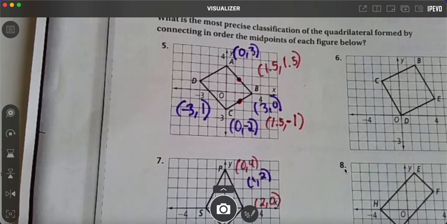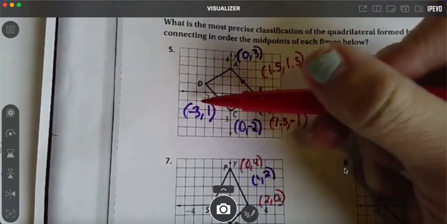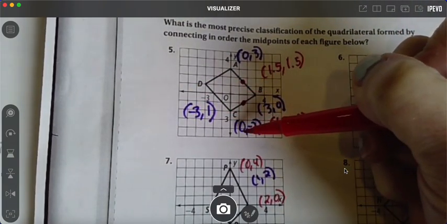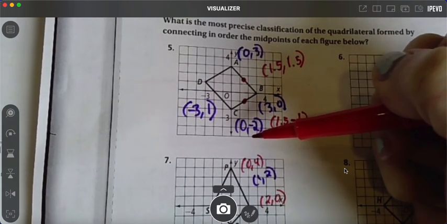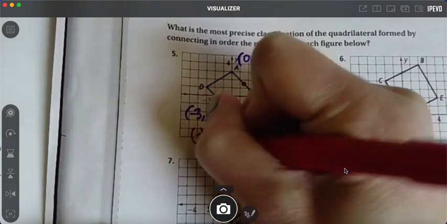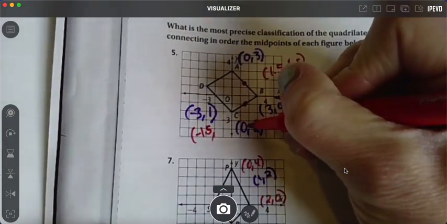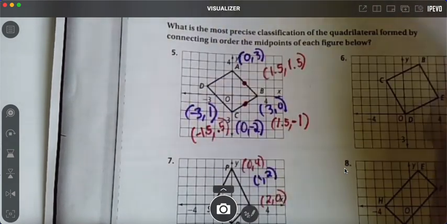Now let me see what we have. I'll do these two. Negative 3 plus 0 divided by 2. Your calculator would do all that for you. If you just type that in, negative 3 plus 0 divided by 2, that's going to give me negative 1.5. 1 plus 0 divided by 2 is 0.5.